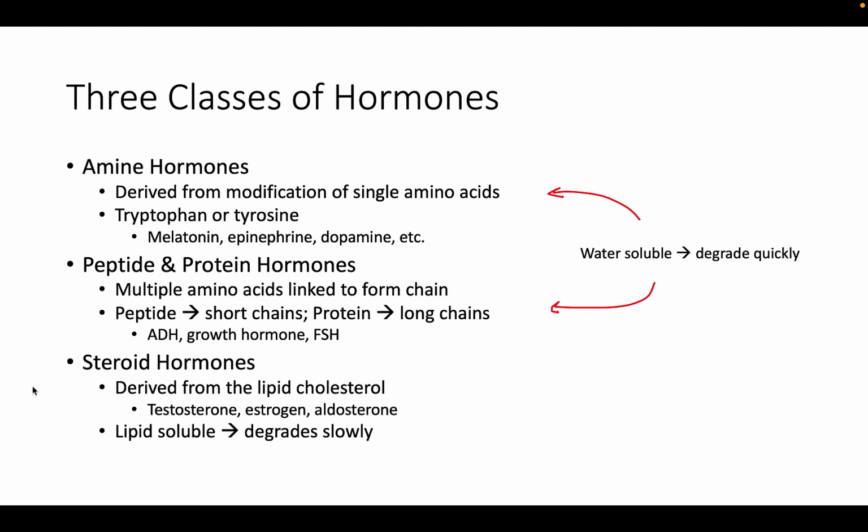They'll solubilize in the blood. Very short half-lives, which means that they don't last very long. So they are usually released really close to their target organ. Whereas steroid hormones can travel long distance and degrade slowly because they are lipid soluble. So they can hang out in fat tissue. They can also just travel long distance in the body before they reach their target organ.